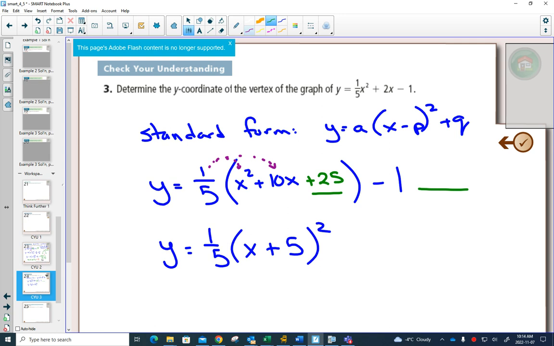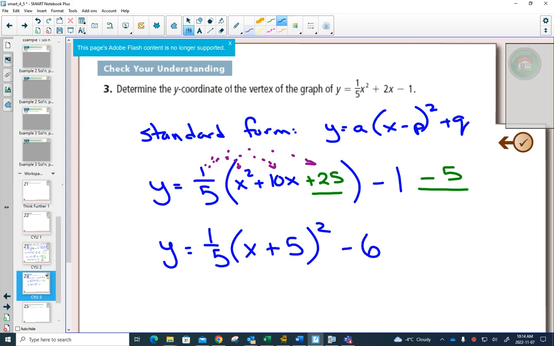But just like that 1/5 has to hit the x squared, it has to hit the 10x, it would also have to hit the 25. So we haven't actually added 25 in that space. We've actually only added 5. So to compensate, we need to subtract 5. -1 minus 5 gives us -6.